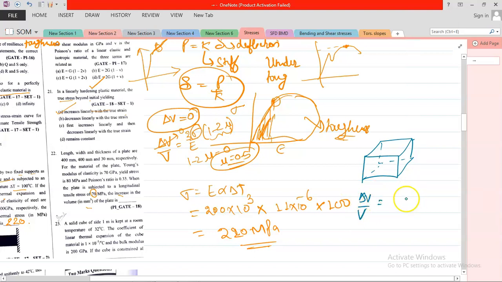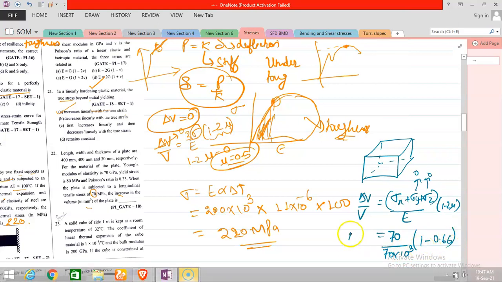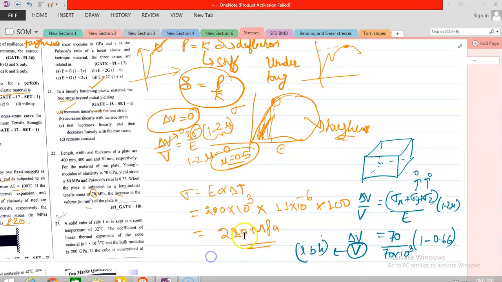First of all, remember this formula: delta V by V is equal to sigma x plus sigma y plus sigma z upon E, into 1 minus 2 mu. Your sigma y and sigma z are 0, and sigma x is 70 megapascal. The value of E is 70 gigapascal, that is 70 into 10 to the power 3 megapascal, and mu is 0.33. Now V is L into B into H, so you can directly obtain delta V.